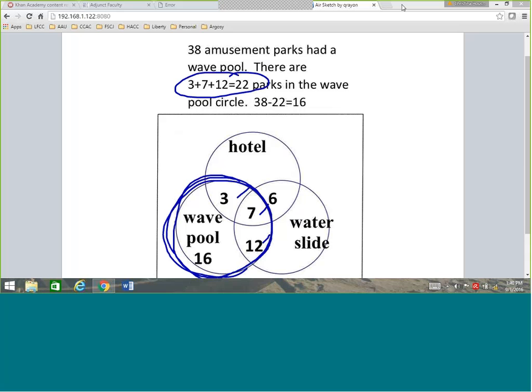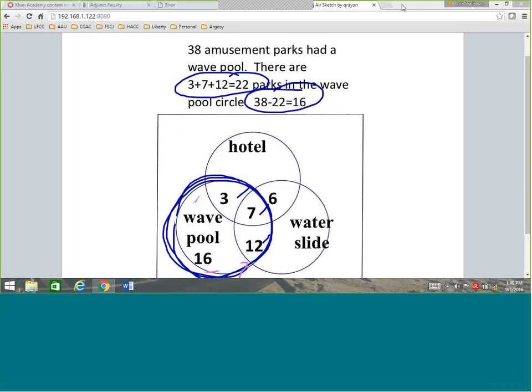But I'm supposed to have 38, so I subtract and I see that I still need 16 more. So in the wave pool circle, I put a 16 right in here because this is the region I need to fill in next. So now when I look at my entire wave pool circle, I see 3 plus 7 plus 12 plus 16, which does give me 38. So 38 had a wave pool. In my wave pool circle, I have 38.